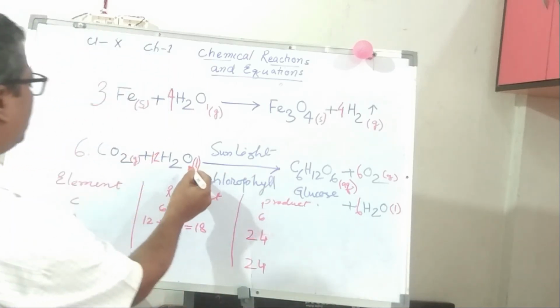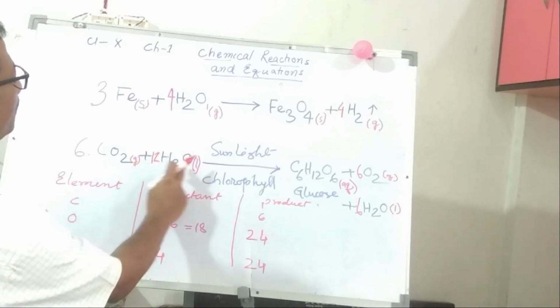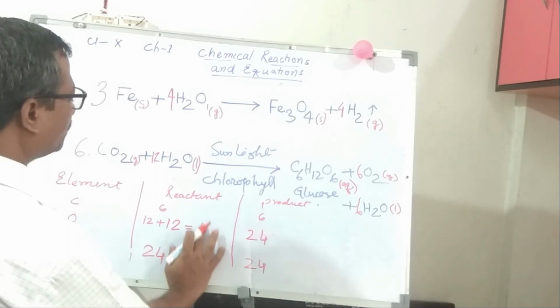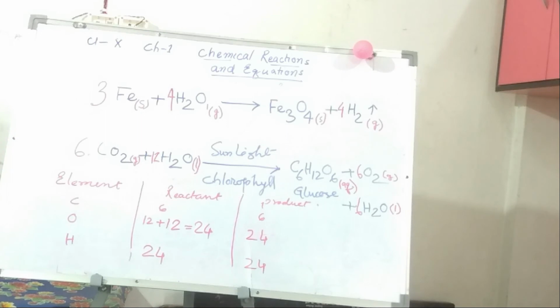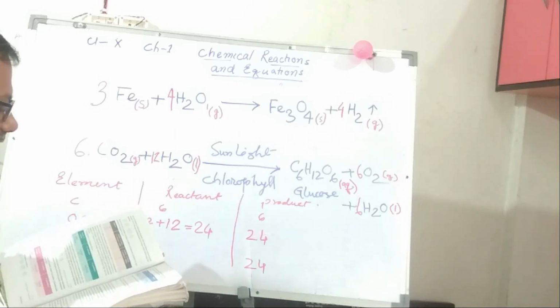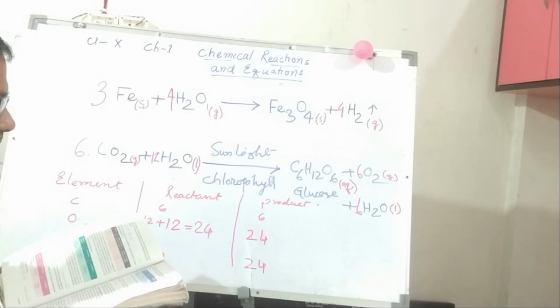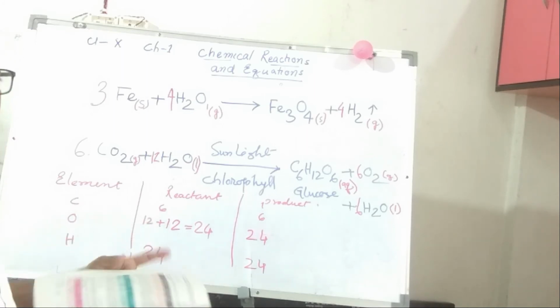So how many here? 6 times 2 is 12 plus 12 is 24. Now the equation we can call balanced. So we are trying to balance it. This is known as balancing chemical equation. This method of balancing chemical equation is called hit and trial method.